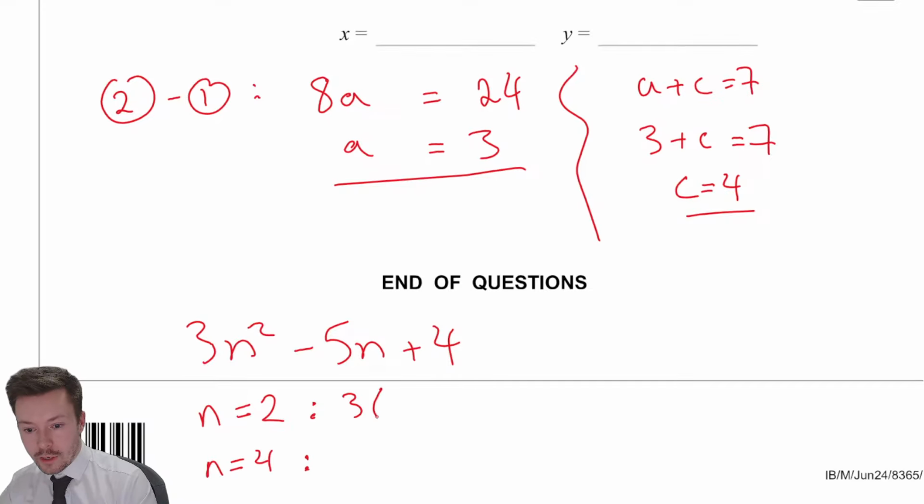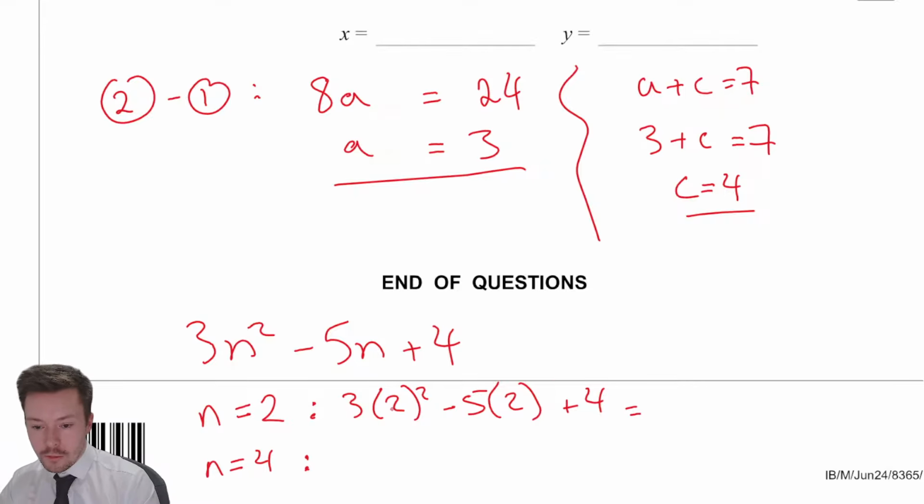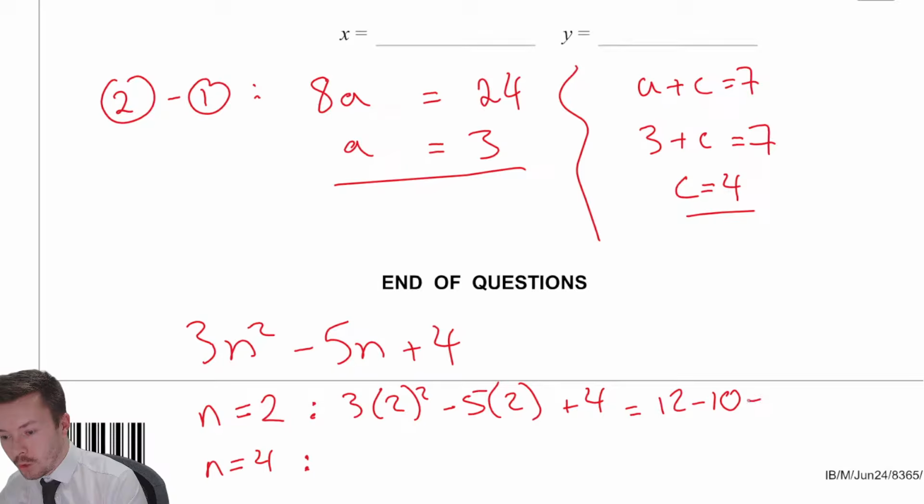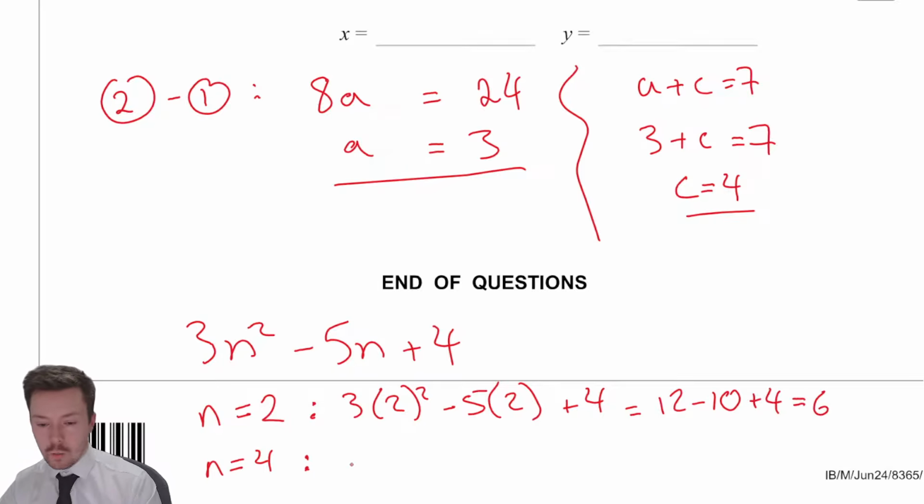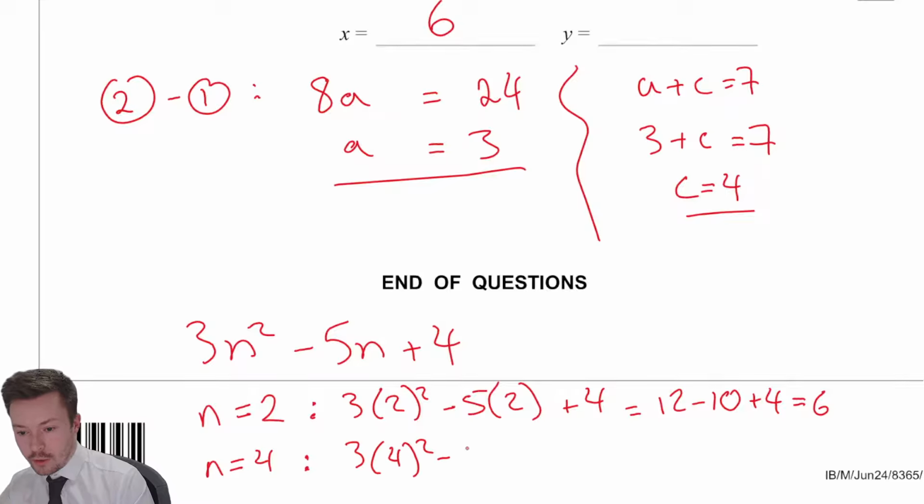So we're going to get 3 lots of 2 squared minus 5 lots of 2 plus 4. 4 times 3 is 12, minus 10, which is 2, plus 4 is 6. We will check this in a second as well. And then I'll just put it up here for the second, so 6. Then 3 lots of 4 squared minus 5 lots of 4 plus 4.